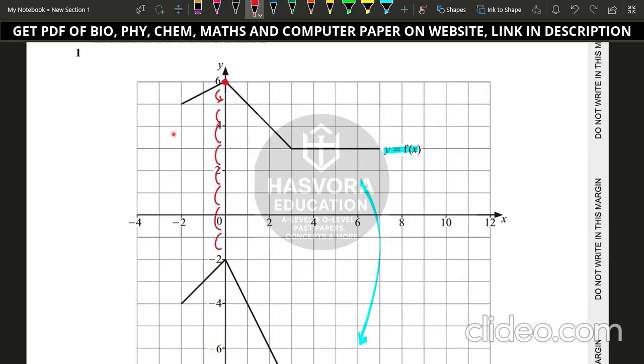Now most of the students will just write that there is a translation in the y-axis of 8 units, but before checking for the translation you should always check for the stretch, because in most cases the translation is actually because of the stretch, okay?